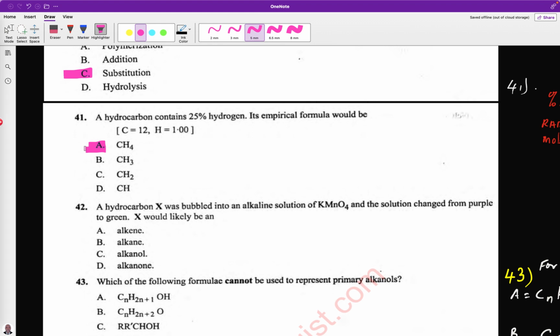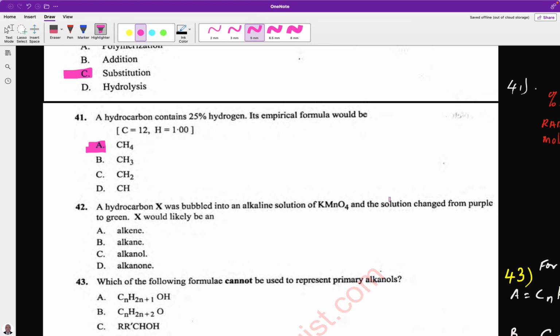X would likely be an alkene, alcohol, or alkanone. It should be remembered for the purpose of revision that a change of color indicates a reaction has taken place, and a change from purple to green has shown that a reaction has taken place.